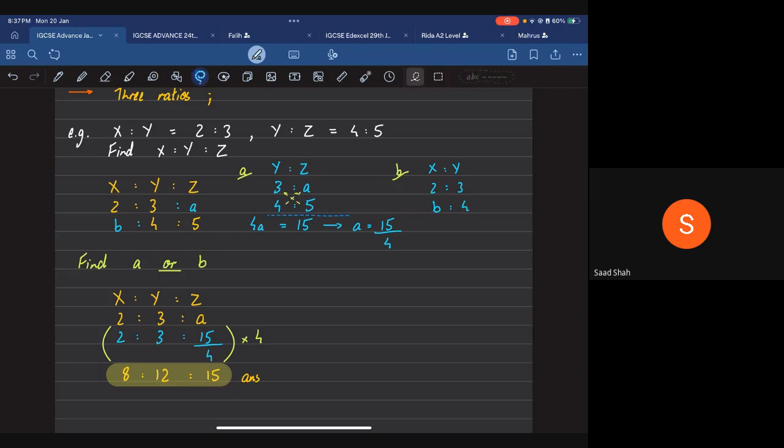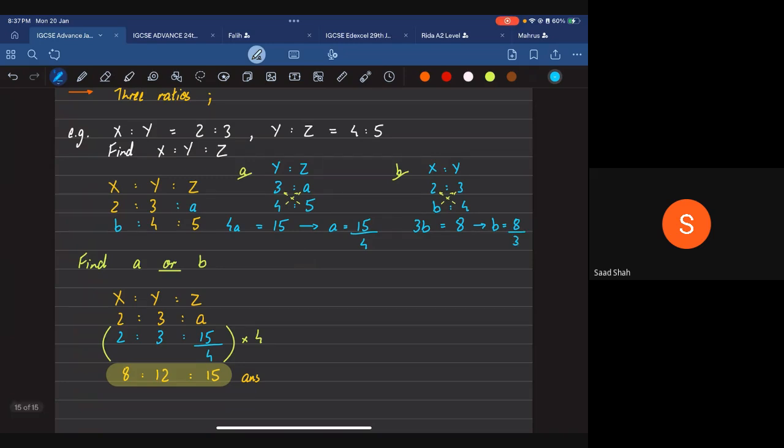Again, the same method is going to be used. You're going to cross multiply, and you're going to find the answer, which is going to be 3B is equal to 8. And B can be written as 8 over 3.